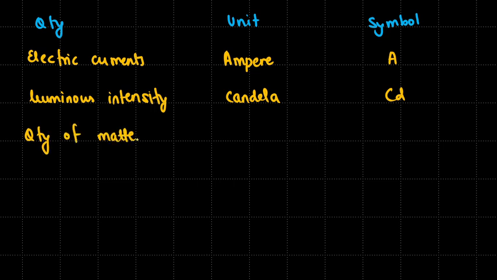Quantity of matter deals with how much there is, so there might be 20, 30. Its unit is mole, and its symbol is mol. The m can be capital or small, it depends on your teacher, but most commonly it is small m.